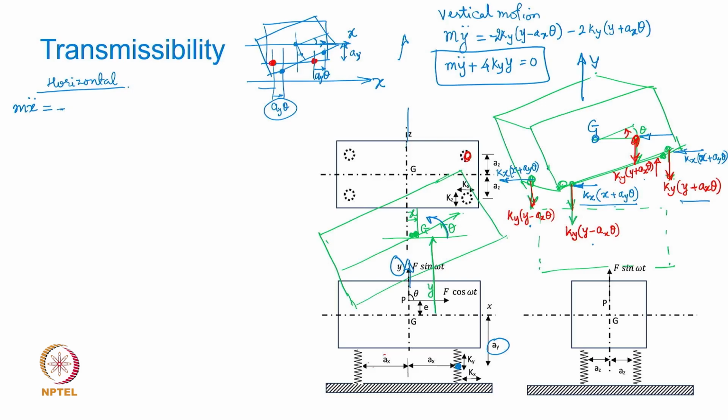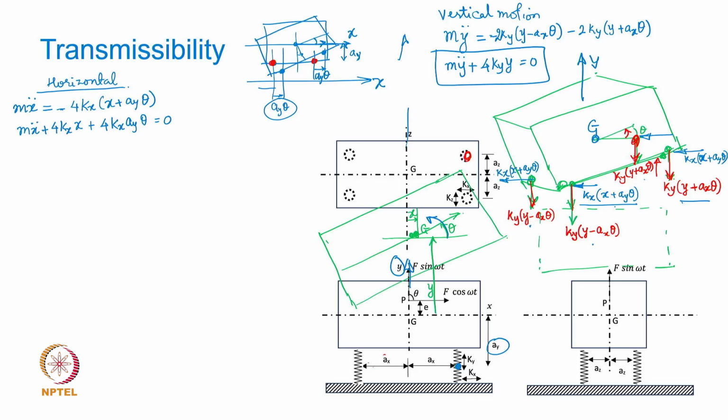These two forces are the same, and in fact all those forces are the same, so I can write this as 4 kx into (x plus ay into theta), isn't it? Right? So m x double dot plus 4 kx into x plus 4 kx ay into theta equal to 0.